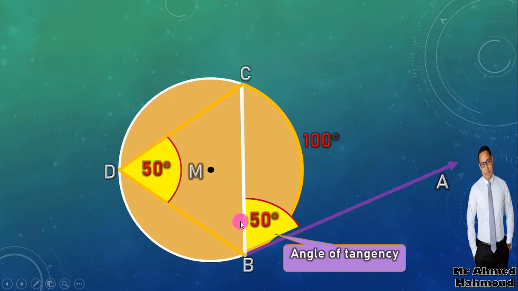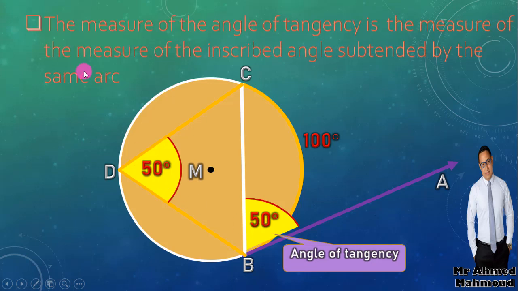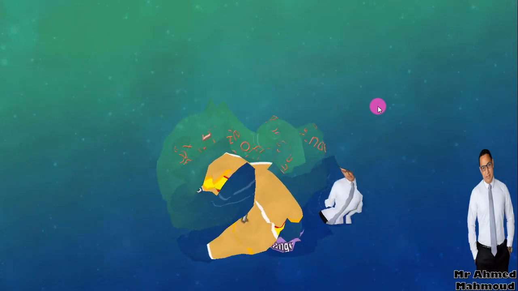So angle B equals angle D. This is the tangency angle, and this is the inscribed angle. The measure of the angle of tangency is the measure of the inscribed angle subtended by the same arc. Okay, now the next question.